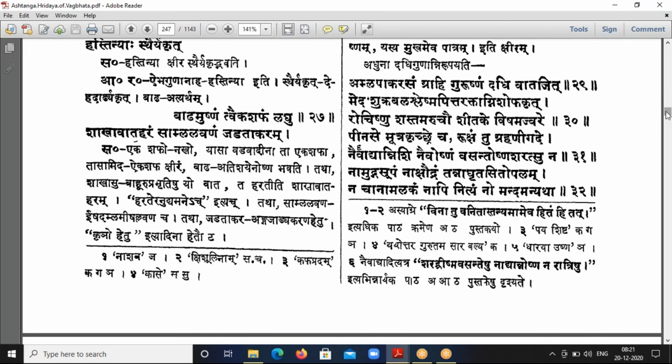So, naivadyad nishi. Don't consume dadhi in the night hours. Na eva ushnam. Ushnam dadhi na adhyat.